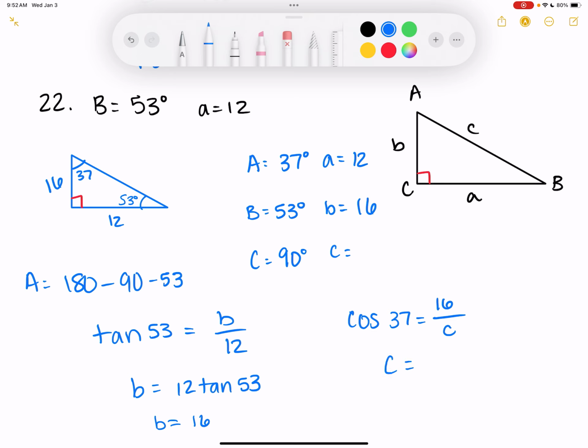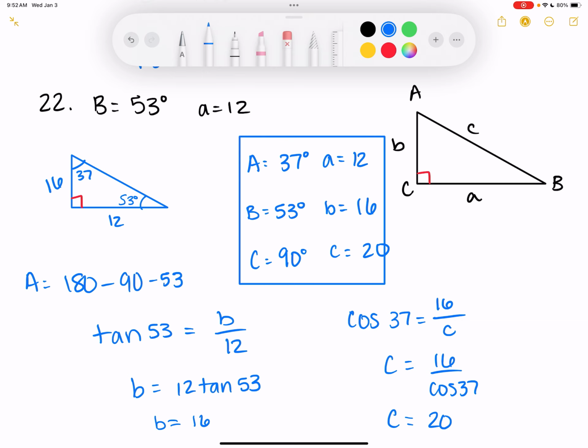So I'm going to have C is equal to 16 over the cosine of 37. Then you can type that in as 16 divided by the cosine of 37. So rounding to the nearest whole number, C is going to be equal to 20. And so then you have solved a triangle.